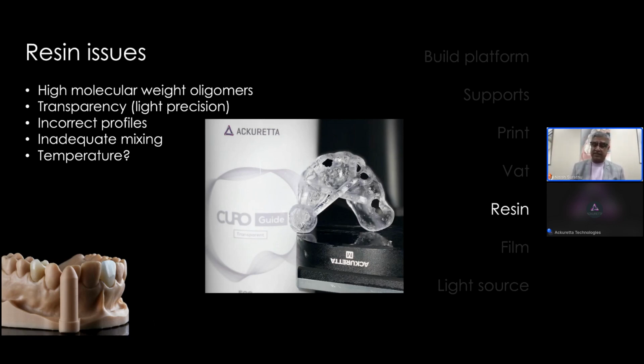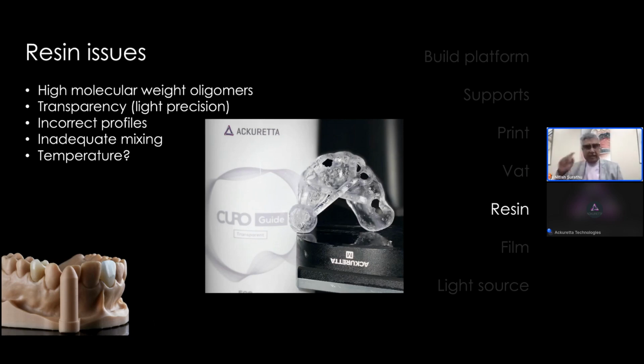They tend to be viscous, they tend to be heavy, and they don't lend themselves to controlled precision of curing because they're transparent. So light can pass through them, so you can't kind of contain the energy of the light at a layer properly. And so manufacturers work very hard to generate the right profile. So with these kind of resins, be particularly careful to make sure you're selecting the right profiles and to make sure that you've oriented things correctly as well.